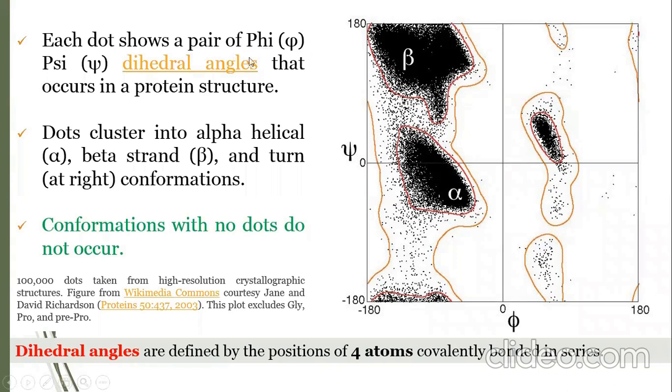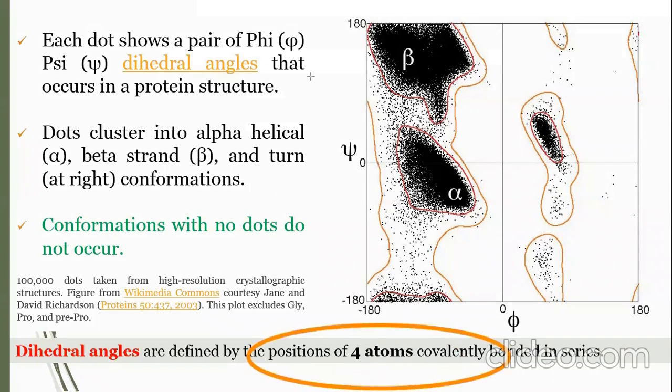So this is important: we need to position these 4 atoms, and that will give us the phi and psi angle, and that's it. For determining the phi and psi angle, again, we need to know the positions of 4 atoms. Am I clear?